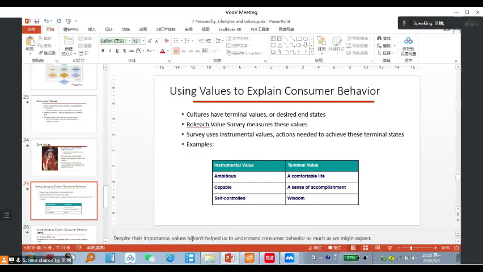But we should know that values haven't helped us to understand consumer behavior as much as we might expect, because cultures have terminal values, or desired end states.